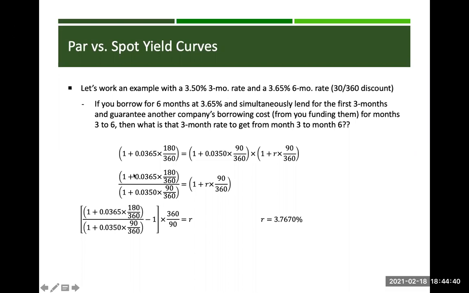But essentially, what this equation is used for is for broker-dealers to lock in, whether they are depositing 6 months, borrowing 3 months, and then borrowing from 3 to 6 months time, or vice versa, and making a market and adding a little bit of a bid-ask spread on this interest rate you see here, this 3.767%.